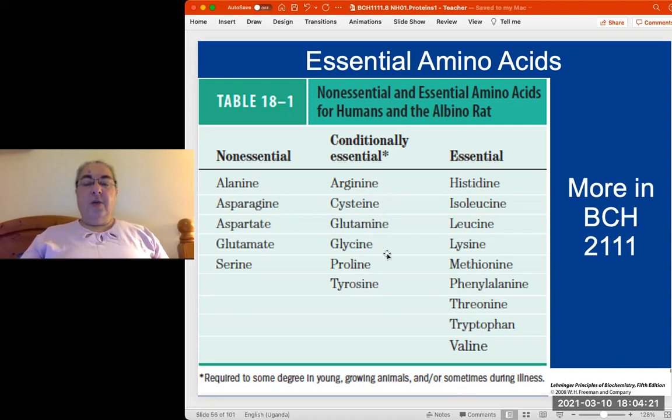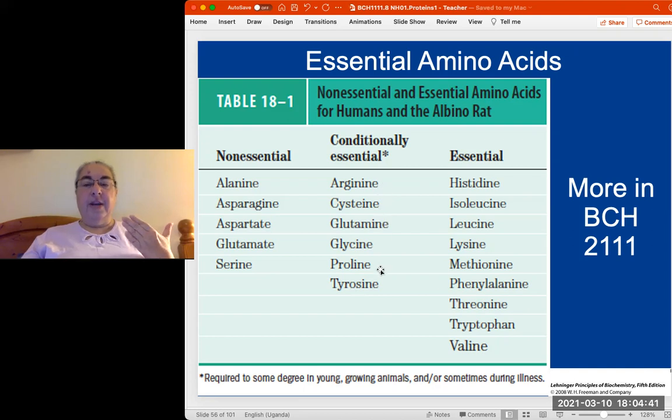These ones our bodies are able to make, but if the body system is challenged in some way, for instance, in young growing animals or humans, or during illness, we lose the ability to make enough of these amino acids.